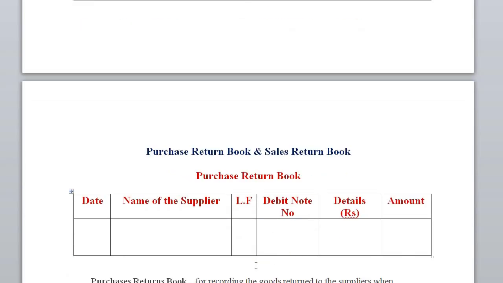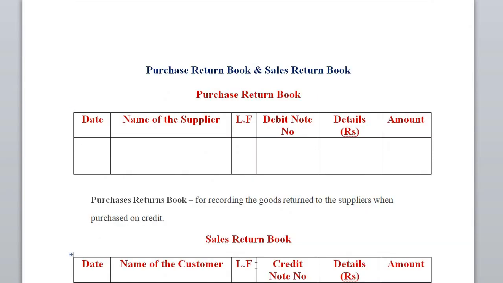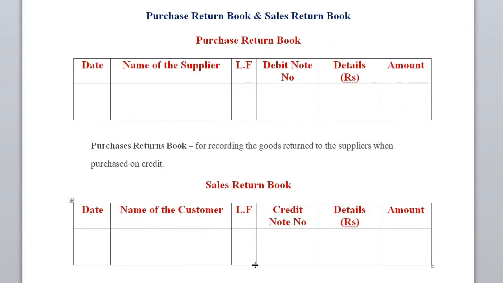In purchase return book, we are going to record the return of goods which were purchased on credit. So here the proforma: date, name of the supplier, LF, debit note, detail, then amount. The next one, the sales return book.